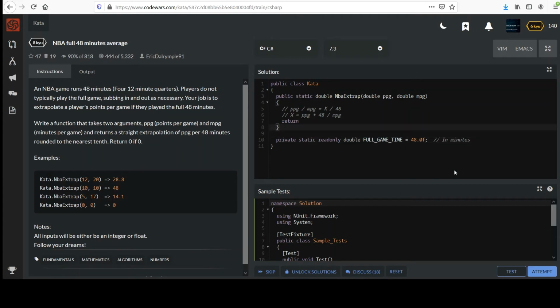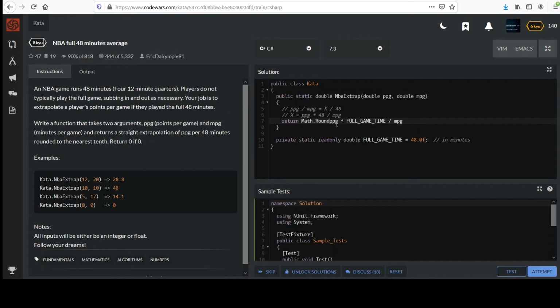Then, writing our equation, we'll take the PPG that they give us, we'll multiply it by the full game time, and we'll divide that by the MPG they gave us, the minutes per game. So this is going to produce some double quantity, right? We're doing a bunch of multiplication and division with doubles. It's going to give us a double result.